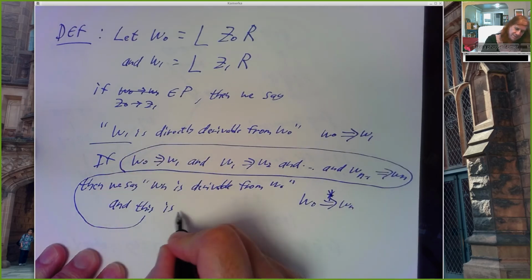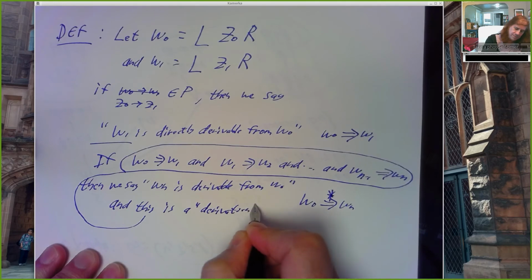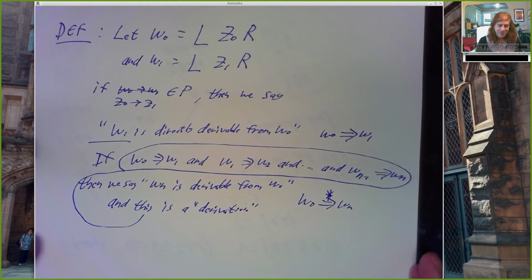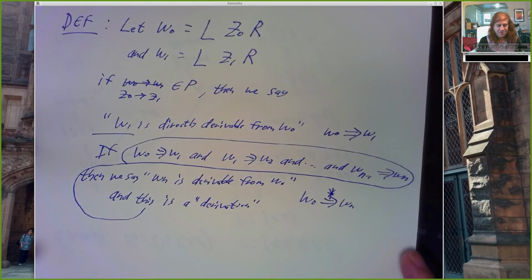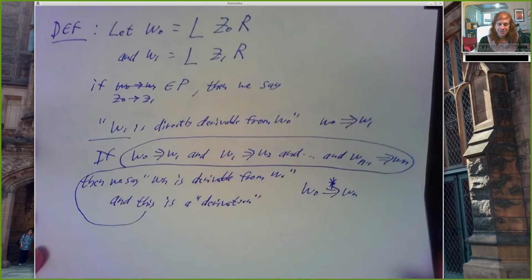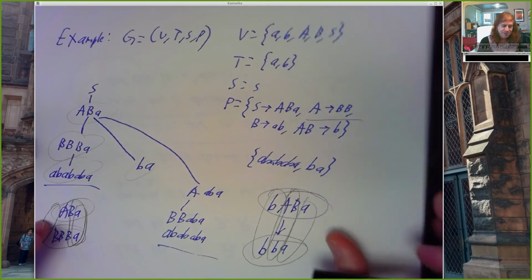And this is a derivation. Not at all unrelated to the proofs we were doing before. In fact, you could probably find a dual to propositional logic related to grammars.